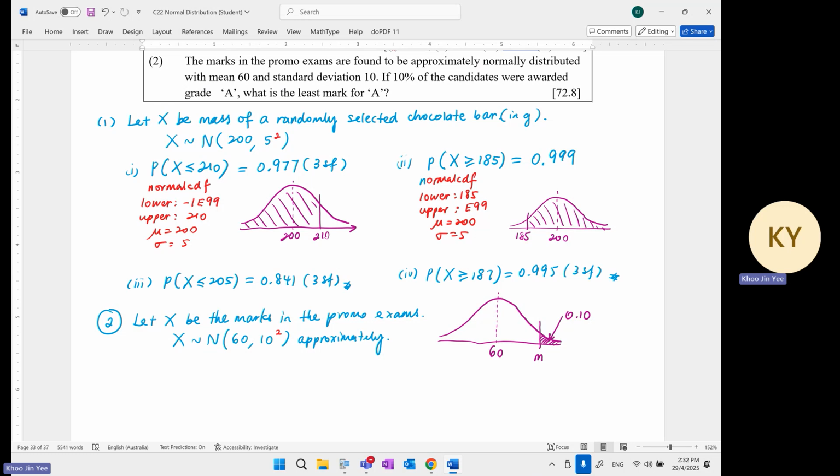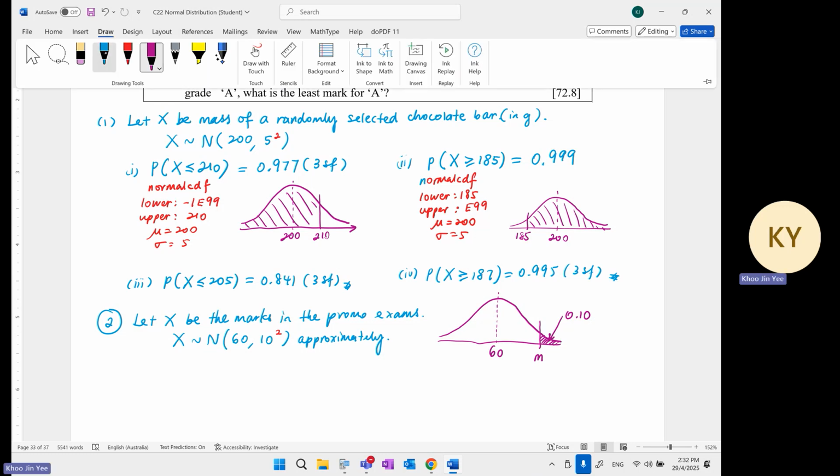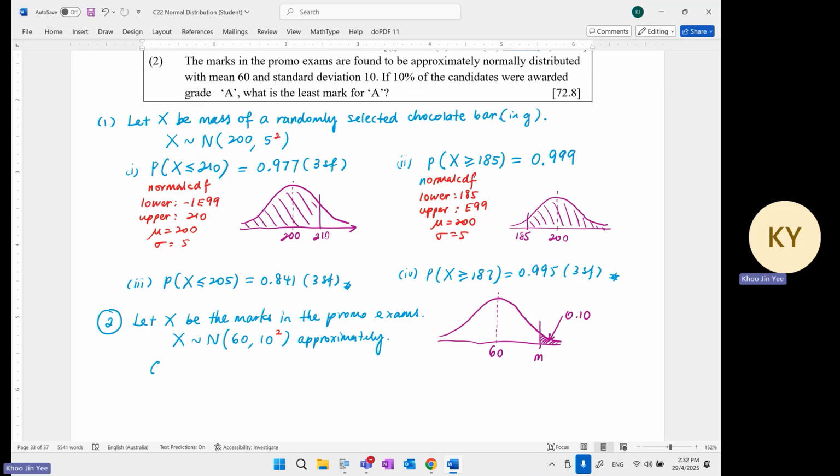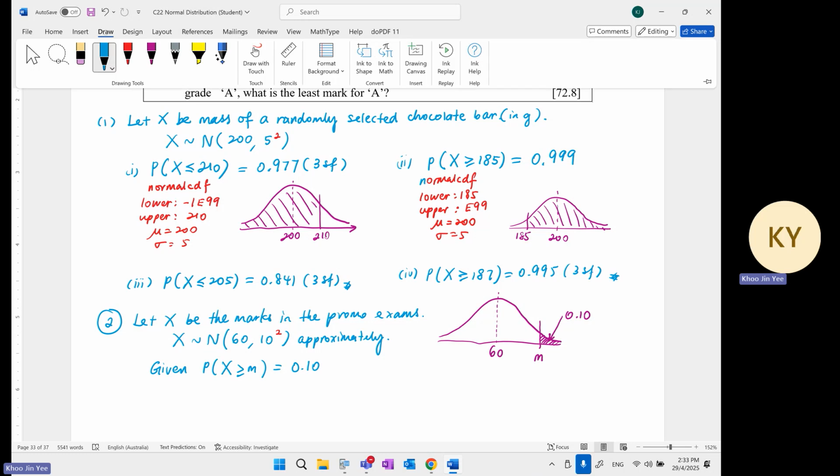Let's take a look at how do we do this. Given that probability where x is greater than this mark would be equals to 0.10. So what should we do? Now we are looking for the unknown. We are not looking for the probability, but we are looking for the unknown. So we use inverse normal, correct?